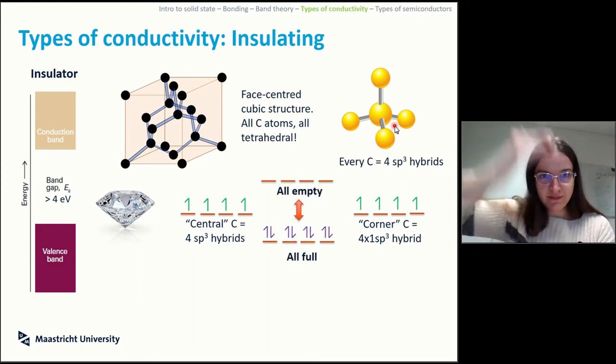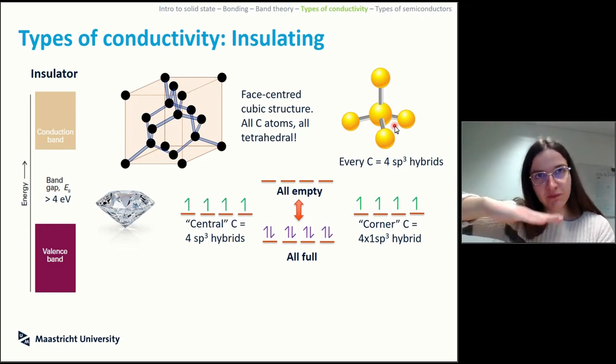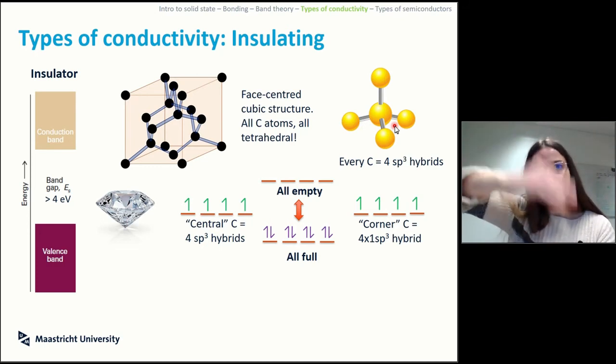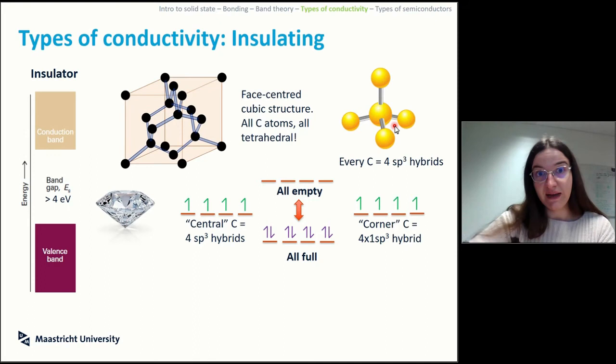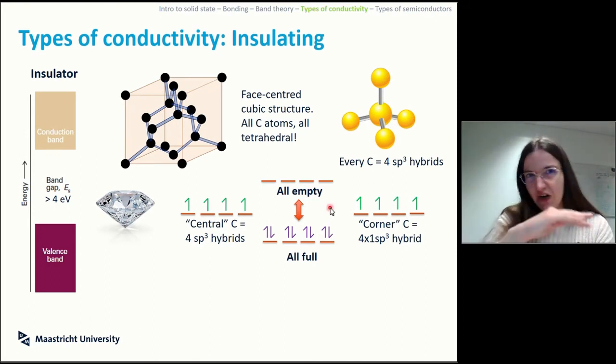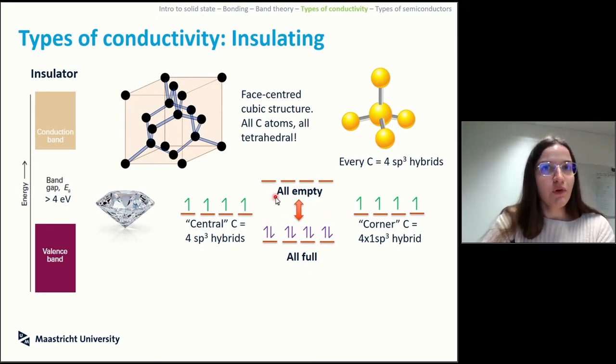Now you make 4 molecular orbitals down and 4 molecular orbitals up. The ones down, the bonding ones, are completely full because you want to pair the electrons, and the ones up, the anti-bonding, are completely empty.